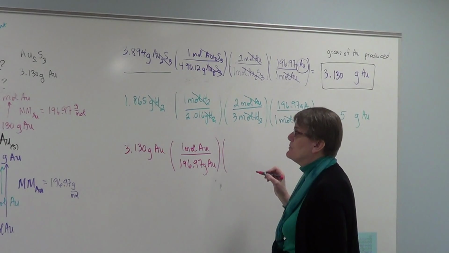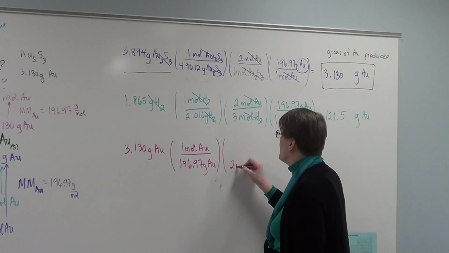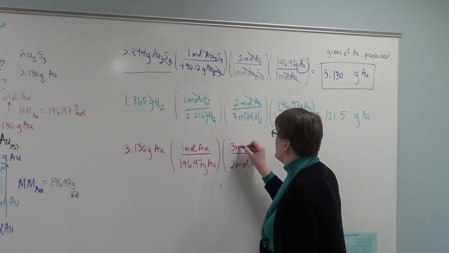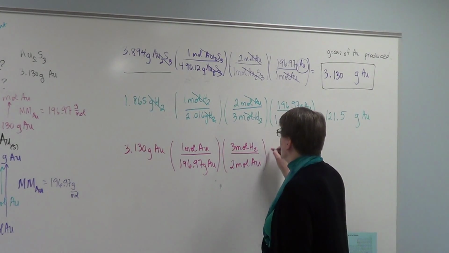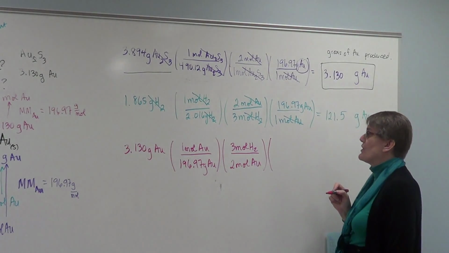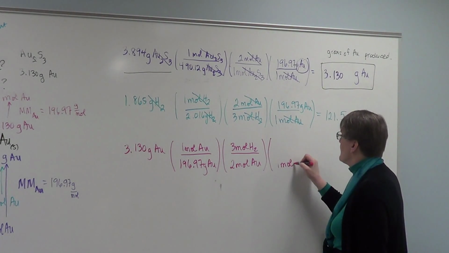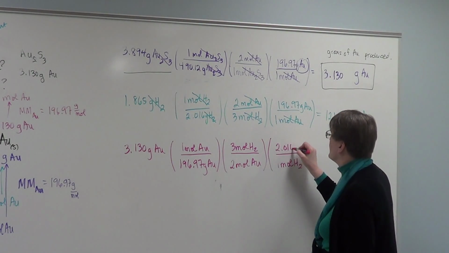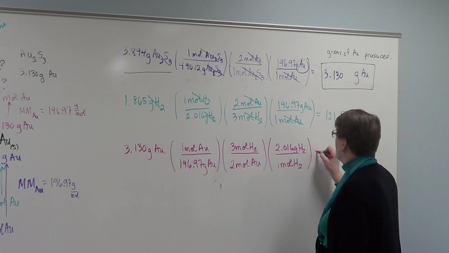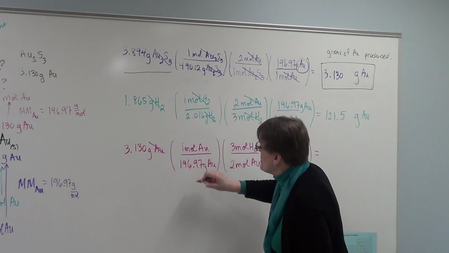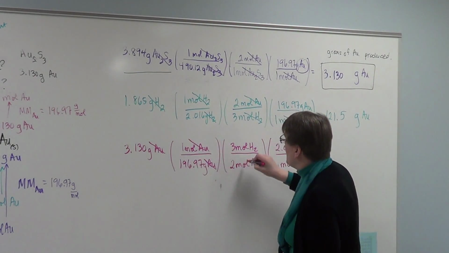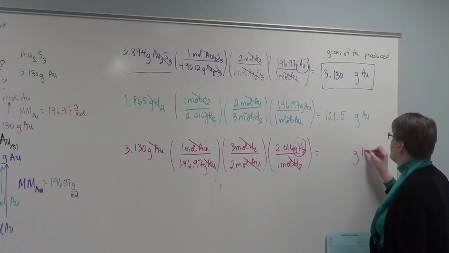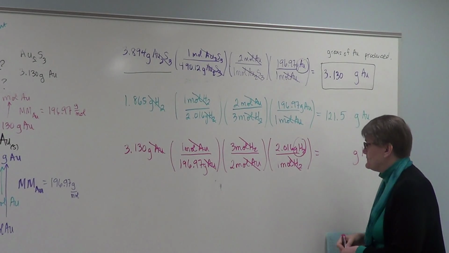Convert moles of gold to moles of hydrogen using the stoichiometric conversion, and then convert moles of hydrogen to grams of hydrogen using the molar mass. Do my check again. Grams of gold cancels, moles of gold cancels, moles of hydrogen cancels. I get my grams of hydrogen.